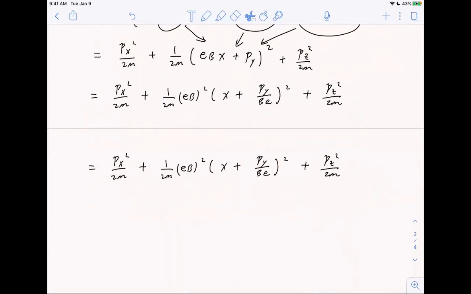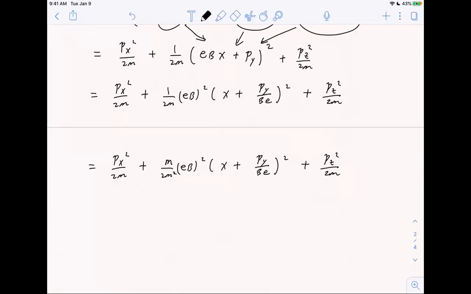Here you can add the m, then this will become m squared.